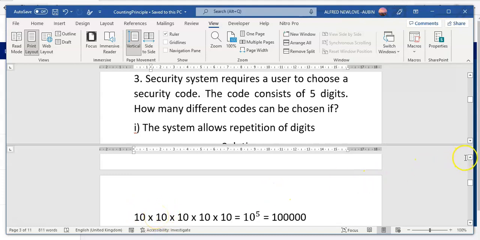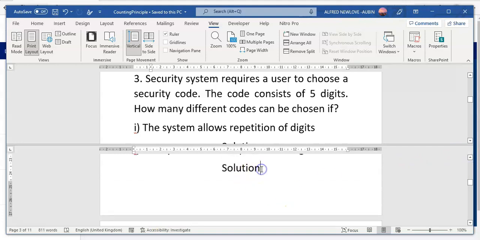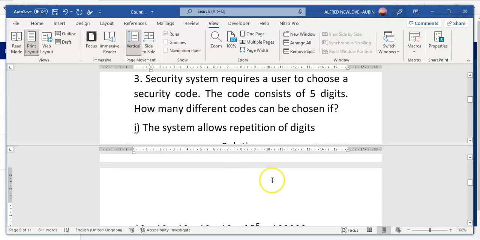Somebody may ask, what are the digits that Mr. Newlove is talking about? We have 10 digits. That is 0, 1, 2, 3, 4, 5, 6, 7, 8, 9.